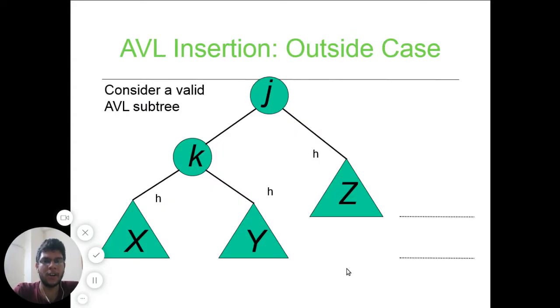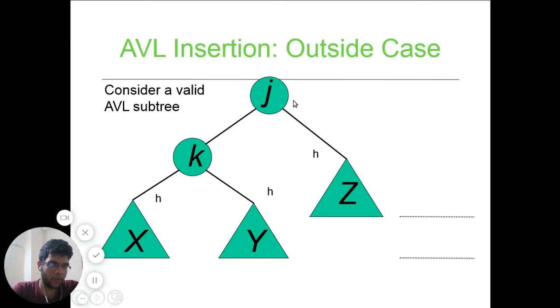So, AVL insertion outside case: insertion into the left subtree of the left child or the right subtree of the right child. As you can see, we have considered a valid AVL tree of height h plus 2, because subtrees x, y and z each have height h, and so the height of node k is h plus 1.